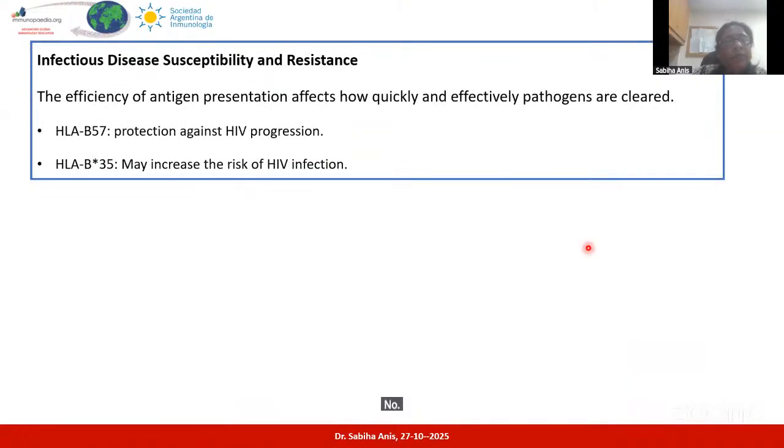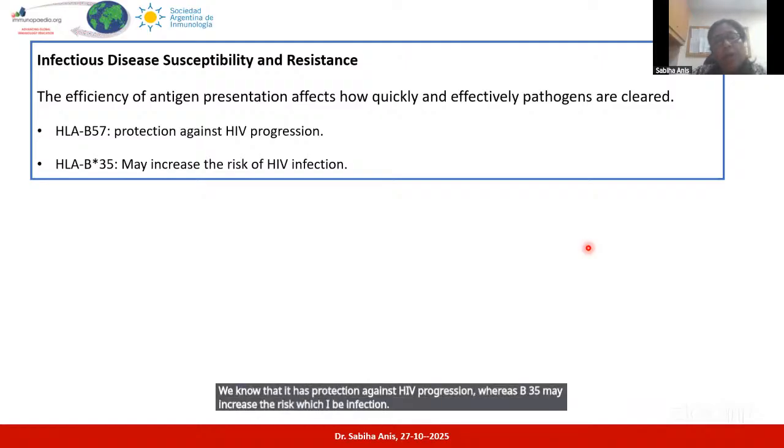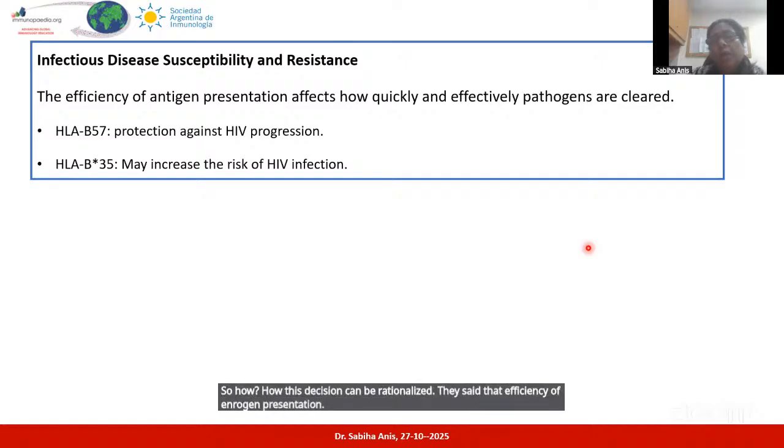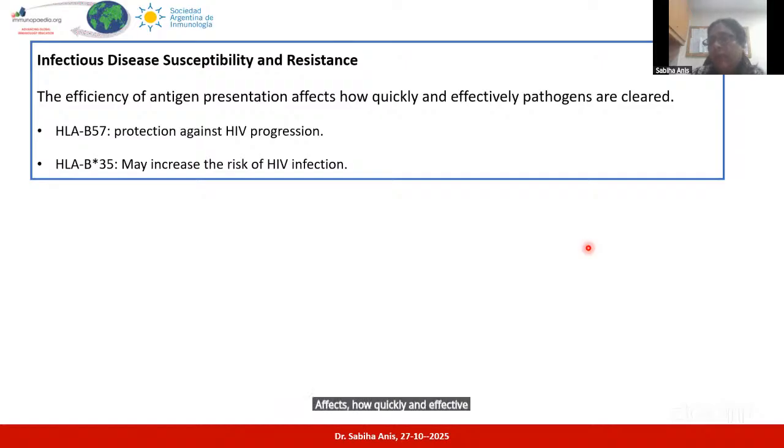Now, for infectious disease susceptibility, we know that B57 has protection against HIV progression, whereas B35 may increase the risk of HIV infection. So how can this association be rationalized? They said that the efficiency of antigen presentation affects how quickly and effectively pathogens are cleared.